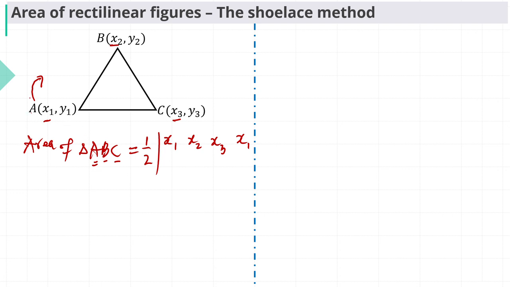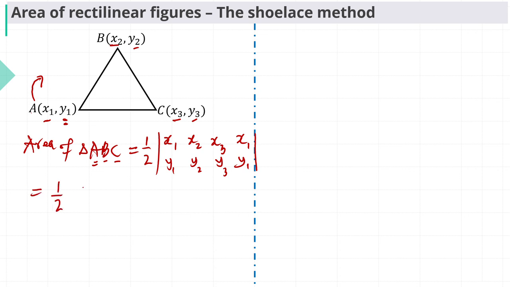Move from the same point, in the same direction, y1, move to the next coordinate, y2, move to the point C, the y coordinate there is y3, come back to the point you started from, we have y1.